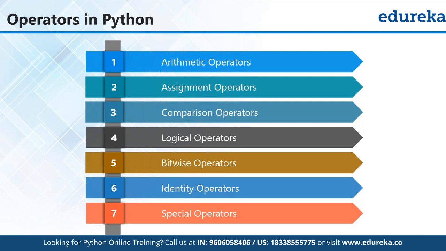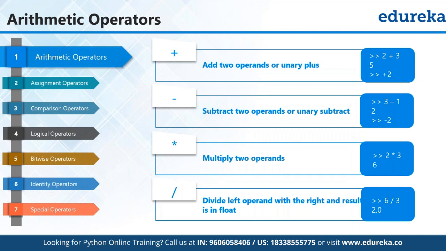In the same way we have arithmetic operators, then assignment, comparison, logical, bitwise, identity, and lastly special operators altogether. Now let's see how exactly we can get started and get the output.